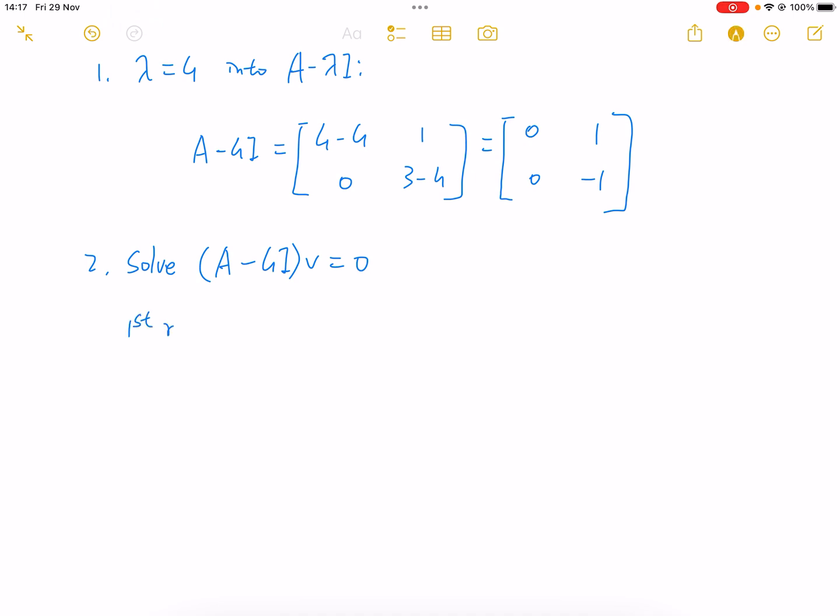The first row gives 0 times x1 plus 1 times x2 equals 0. So as you can see, x2 equals 0.